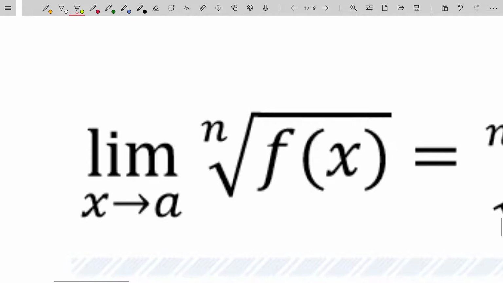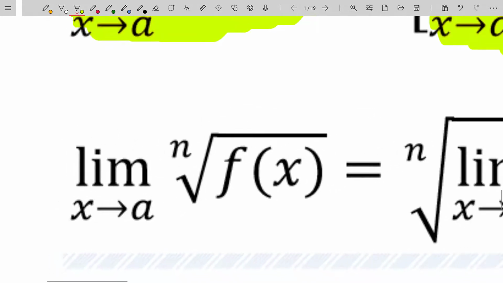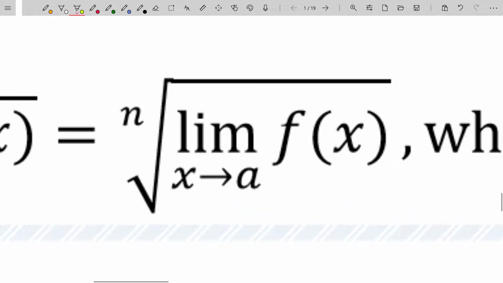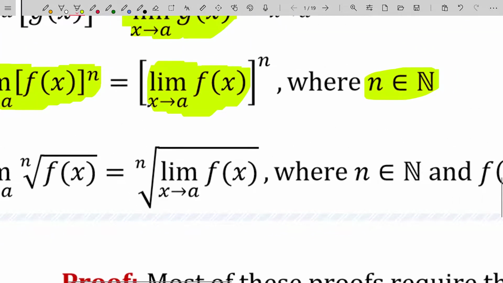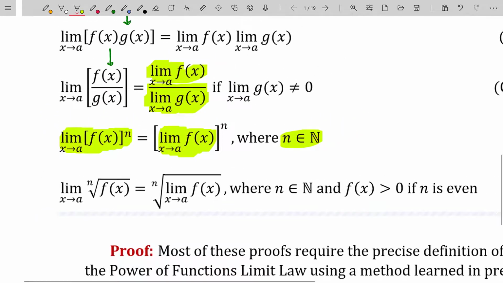But with that in consideration, we can still talk about the limit law, which is that if you're concerned with the limit as x approaches a of the nth root of f of x, you can just move the limit inside of the nth root and evaluate the limit as x approaches a of f of x. Again, the condition on that is that n is a natural number and f of x is positive or non-negative. Technically, it should just be non-negative. Let me go ahead and put that in there. Non-negative if n is even.